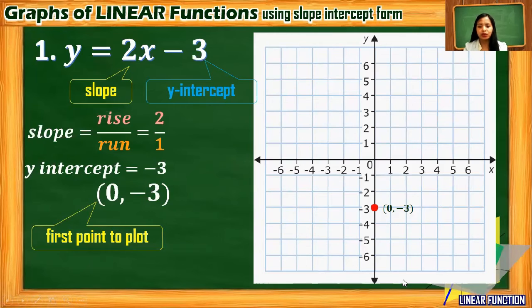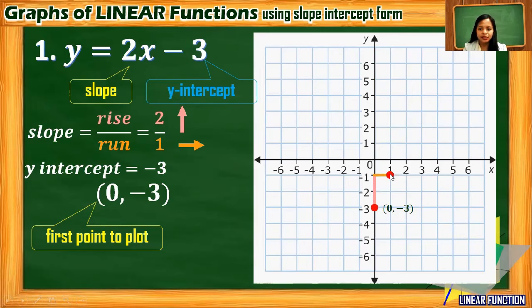And since we only need 2 points to form a line, how are we going to plot another point? Now, back to our slope, we need to follow the movement of our numerator, which is 2 units upward, and the movement of our denominator here, which is positive 1 and 1 unit to the right.